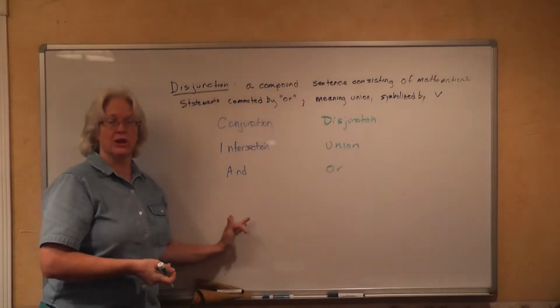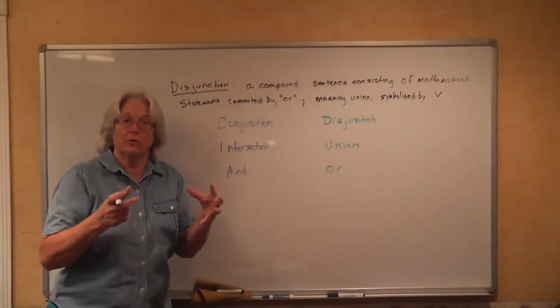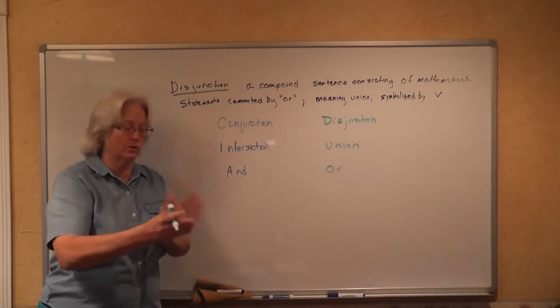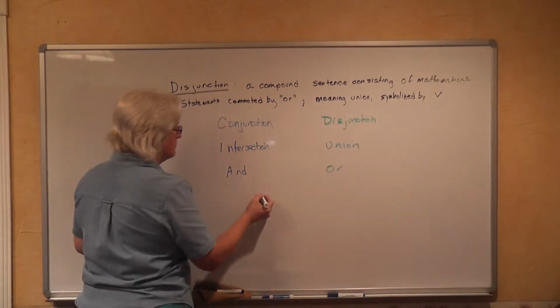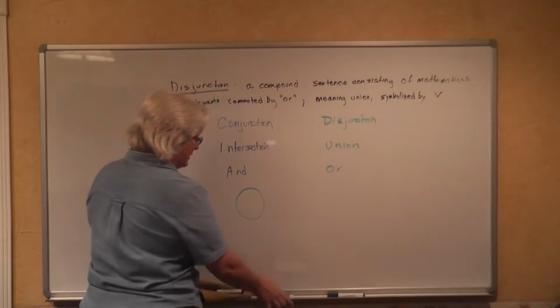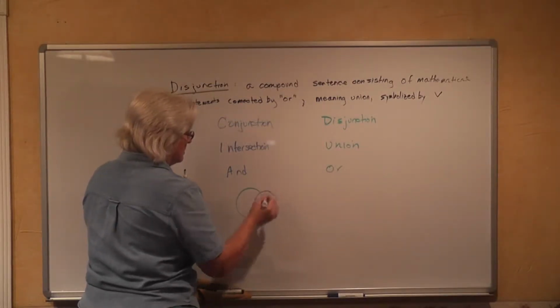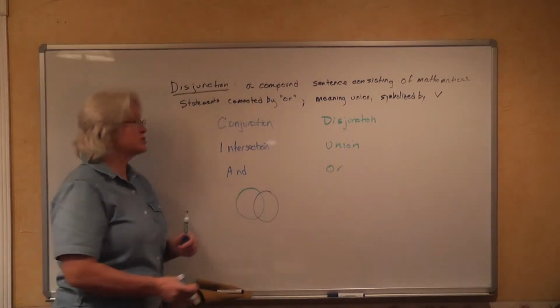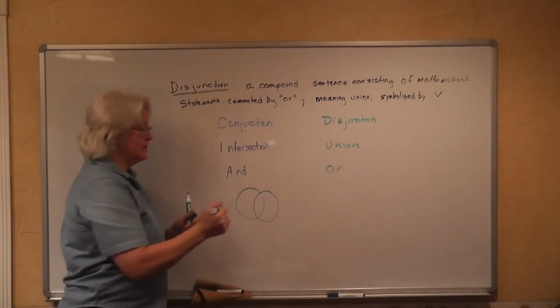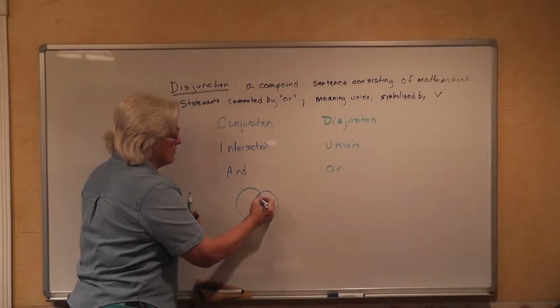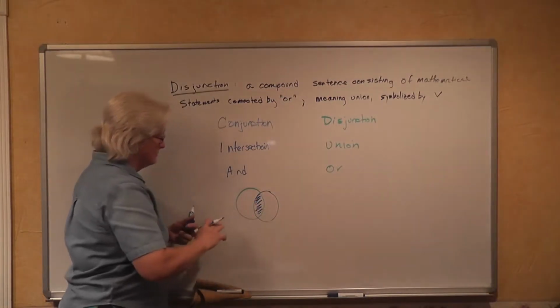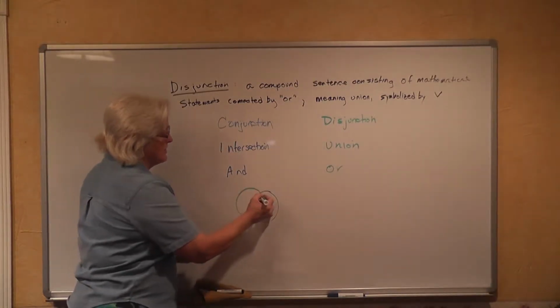Conjunction, intersection, and conjunctions are represented by the intersection or by the overlap of two conditions. So if we have a green circle and we have a blue circle, the only solution to these conjunctions is this area of overlap, because we have blue here and we also have green.